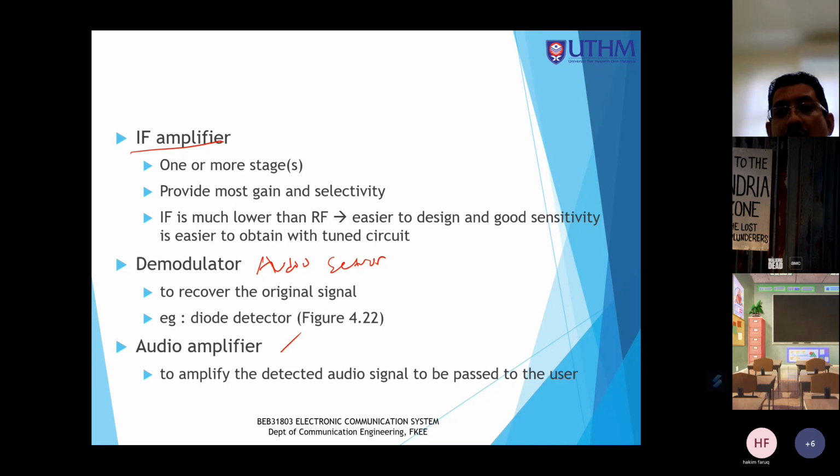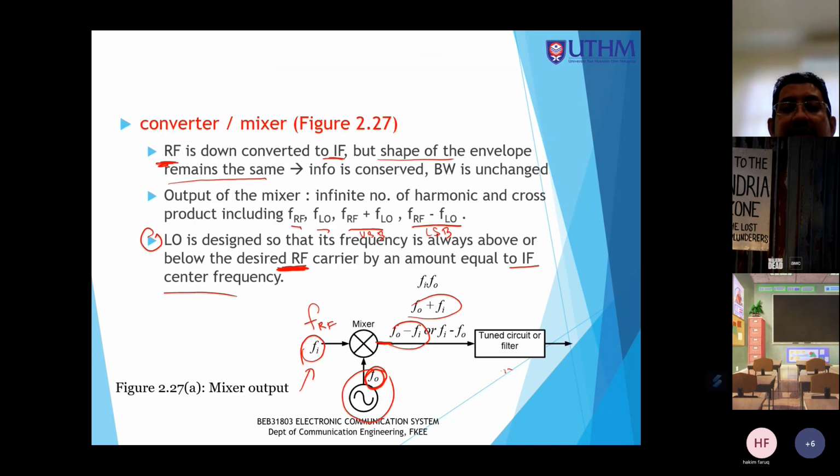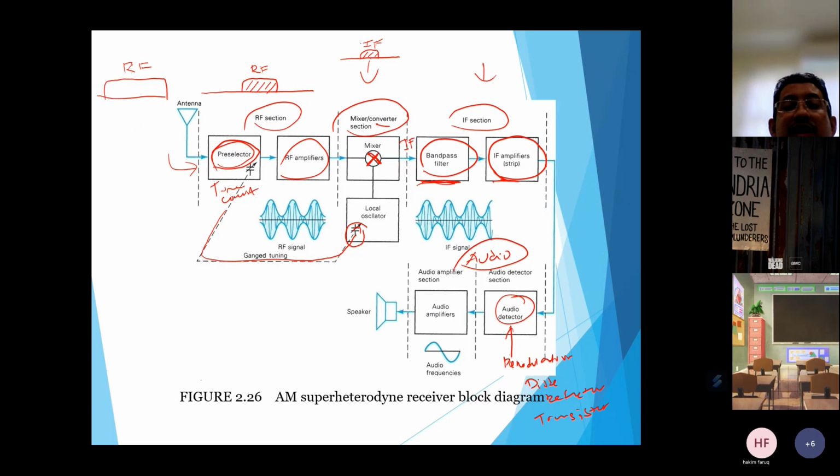Okay, so for your information, soalan ini pernah ditanya. Okay, yang mana kita inginkan pelajar bercerita secara ringkas. Apakah proses yang berlaku dalam RF section, mixer converter section, IF section, audio section? Ini pernah ditanya. Okay, you tak perlu buat karangan satu page, you ceritakan ringkas je. Apa yang berlaku di sini? Apa yang berlaku dalam mixer converter?